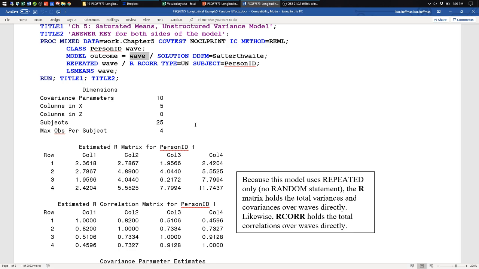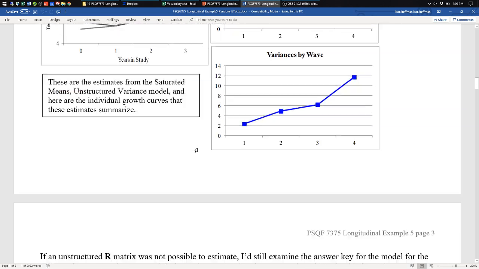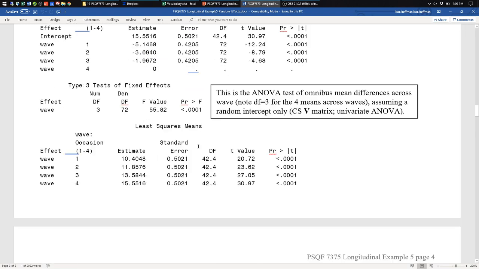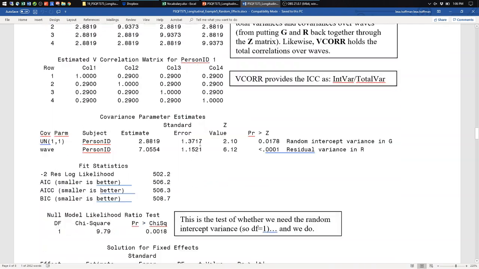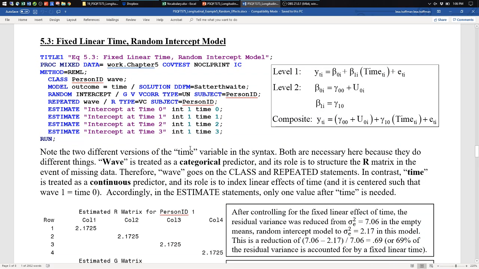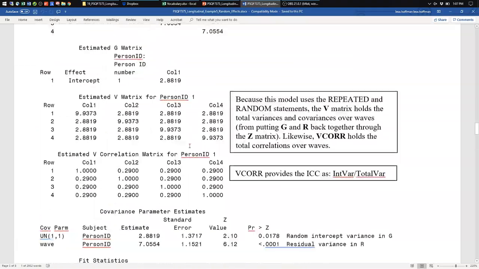Exactly. Okay. Yep. And just to show you that is coming. That's coming. Yep. Instead of calling it wave 1, I called it time, but otherwise what you said is exactly right.